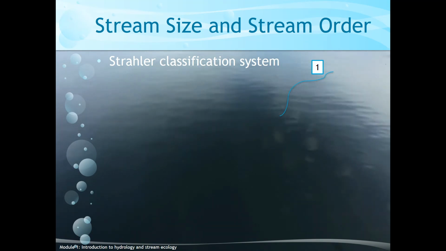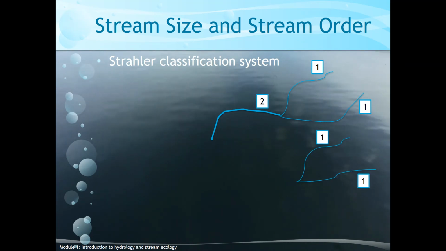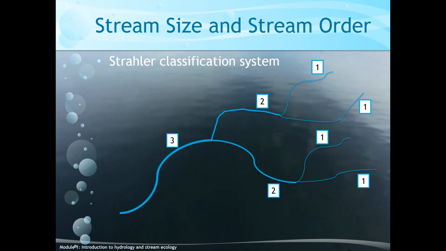For example, if you have two first-order streams coming together, they form a second order. And only when you have two streams of the same order coming together do you get the next highest order. First through third order streams are typically considered headwater streams.